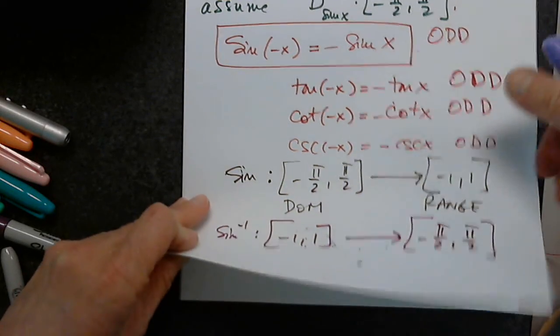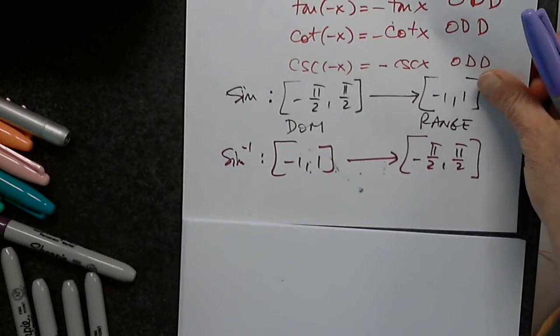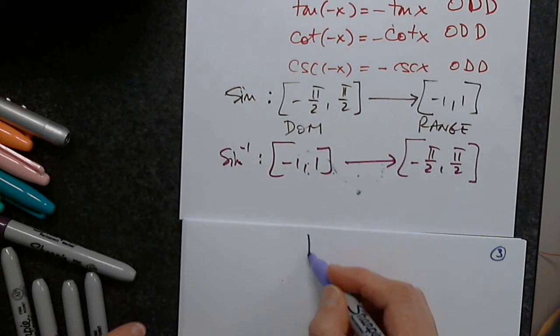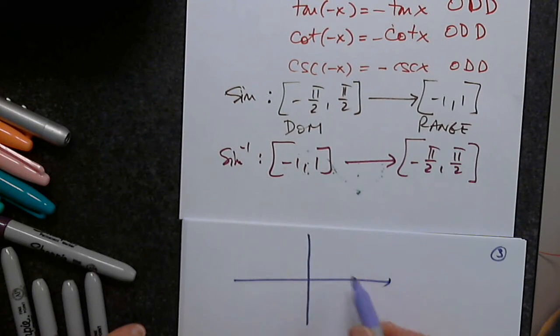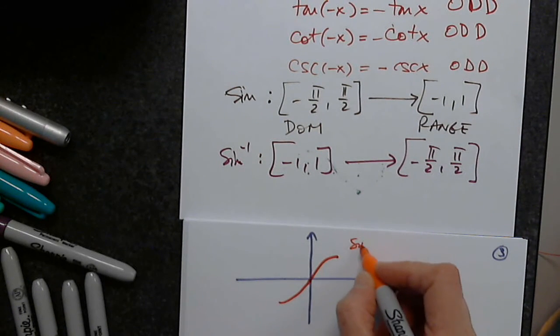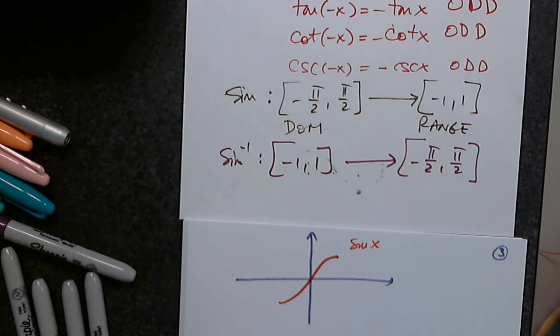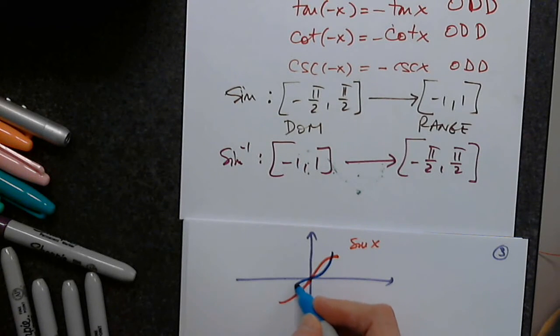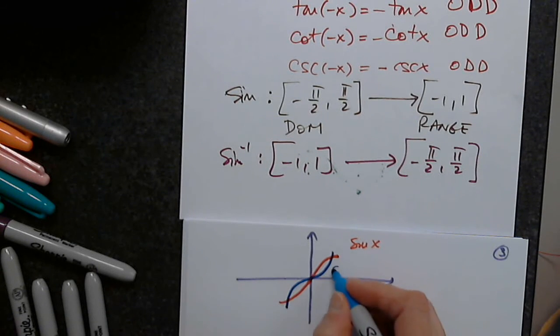So if we graph the truncated graph, which is sine x, something like this, not perfect, will be sine inverse.